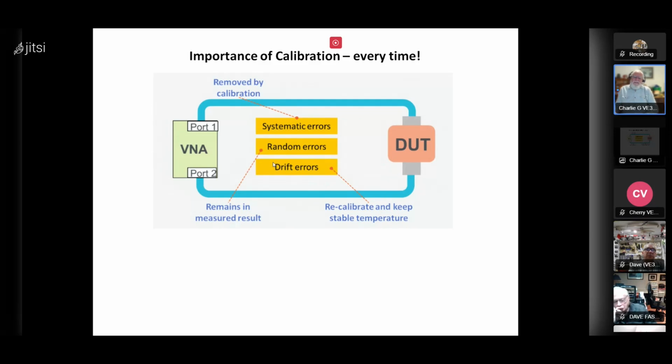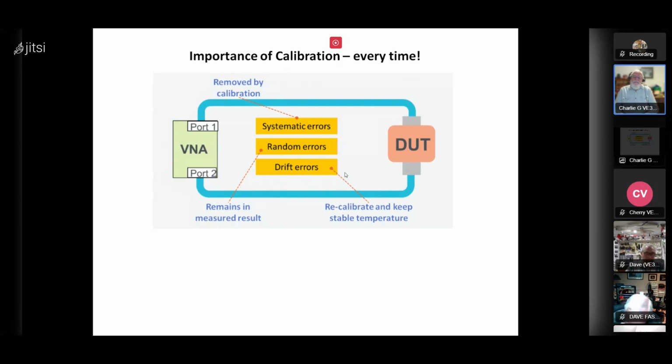The reason is that this chart shows there are three types of errors. There are systematic errors, that is, the absolute level that's being sent by the transmit portion of it, and so on. Those get removed by calibration. You get some drift with temperature or just time.